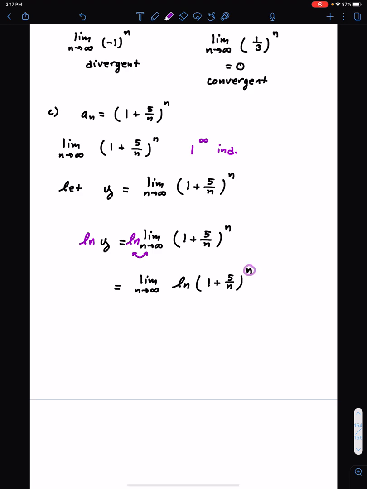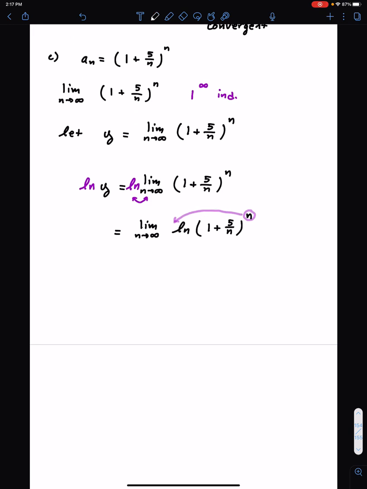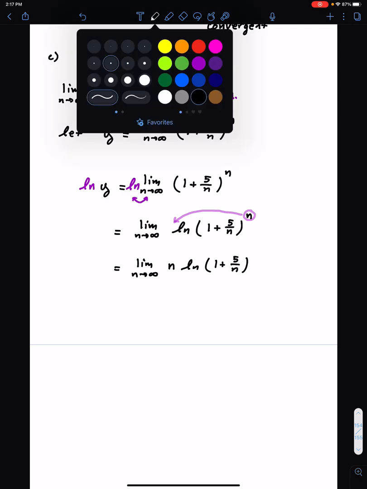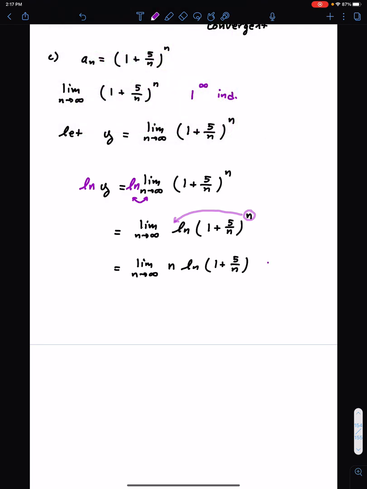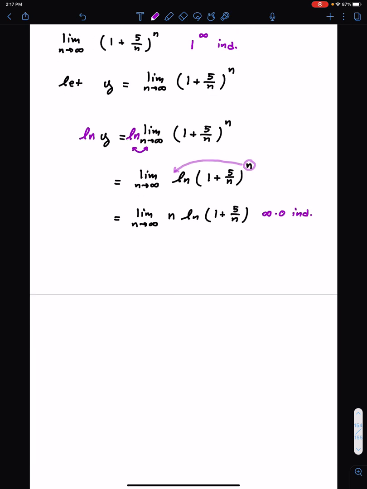Then, with the rules of logs, I can bring this exponent to the front. So this is equal to the limit as n approaches infinity of n times natural log of 1 plus 5 over n. If I take a limit on the right side, I have infinity times 0, which is still an indeterminate form.